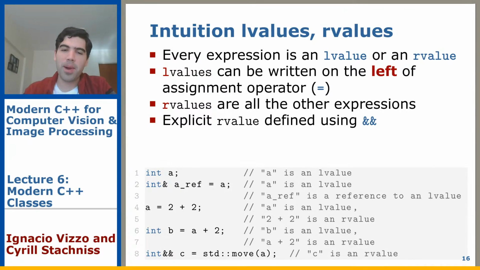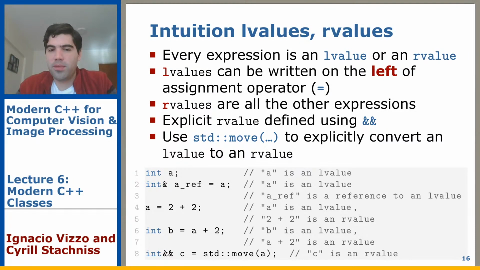If you want to explicitly use an R value, then you will use the double ampersand. This looks weird, but it's part of the syntax, part of the rules of the language. And there is one utility function in the standard utility library, move, that will explicitly convert any L value to an R value.